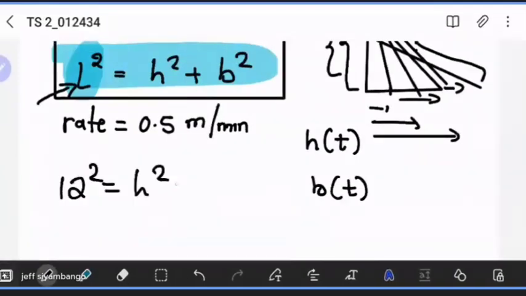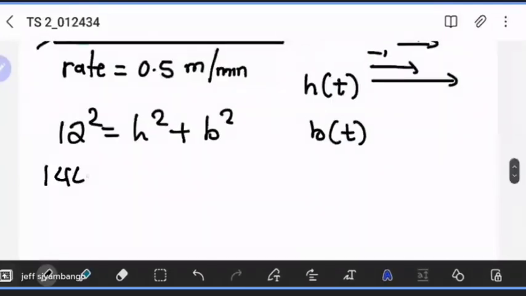H is that. B is that. So you have 144. Now, there'll be problems where every quantity will be changing with respect to time, but this is just not one of those. Here, L is constant regardless of how long we drag that.